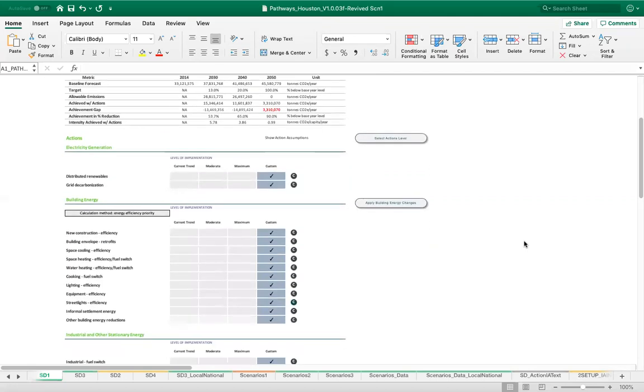So from a modeling point of view, what are we looking to do? Experience has told us that trying to get to exact modeling parameters is time consuming, it's difficult, and it's not necessarily the utility of high-level strategic planning such as we're doing with the climate action plan or with this tool, the intended use of the tool.